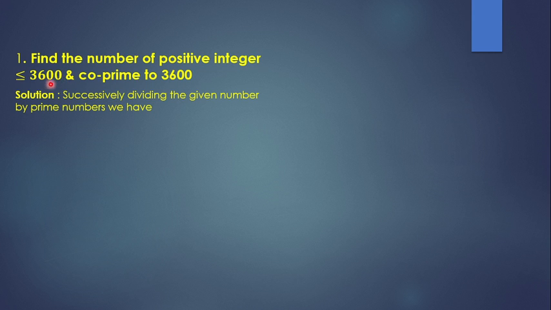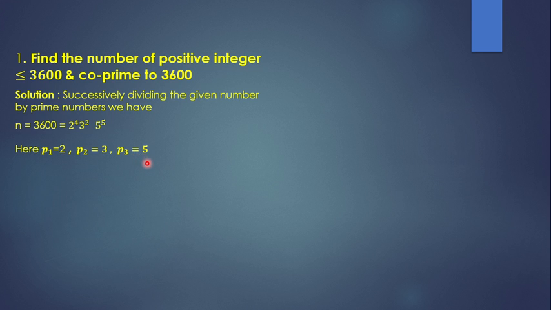By dividing this number with the prime numbers, beginning with the prime 2 and continuing. So we have n equals 3600 equals 2 raised to 4, 3 raised to 2 and 5 raised to 2. So 2, 3, 5 are the primes. We represent these primes as p1 equals 2, p2 equals 3 and p3 equals 5.